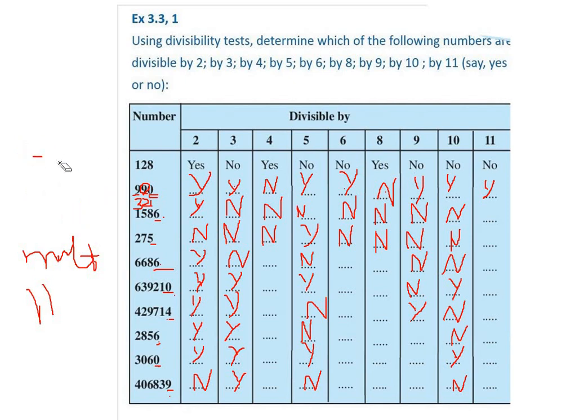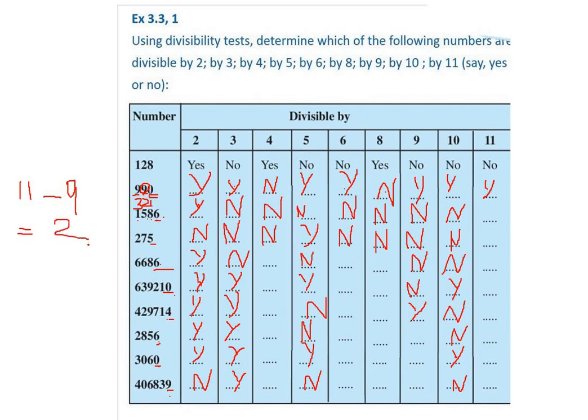Okay, fine. So the next number we are going to take, whatever is given to us, is 1586. The numbers at odd places are 6 and 5. 6 plus 5 gives you 11. Right? And the even places are 8 and 1. So 8 plus 1 will give you 9. Correct? And if you subtract them, what answer do you get? You get 2.